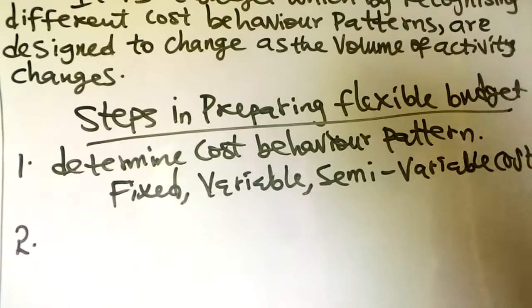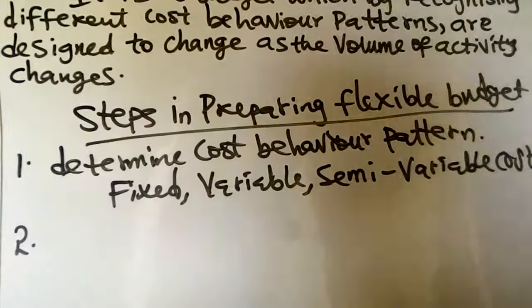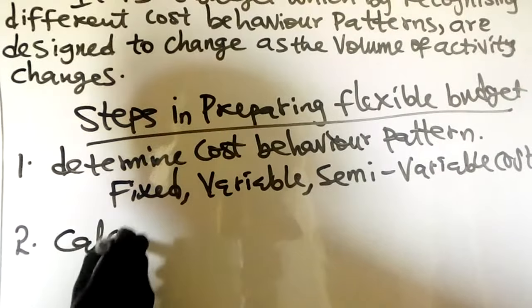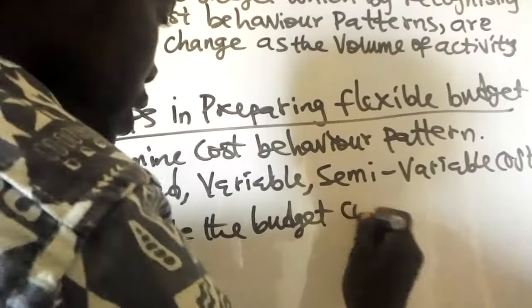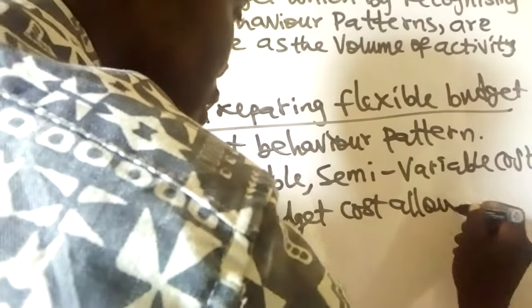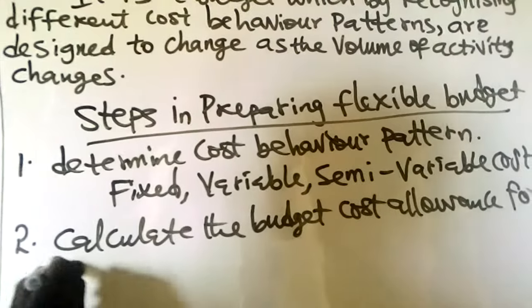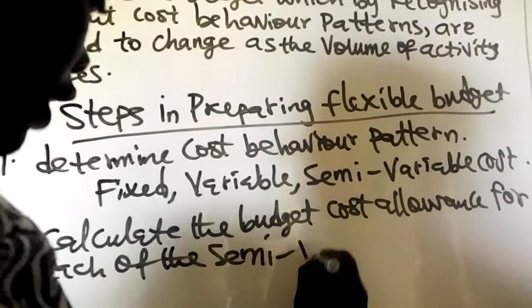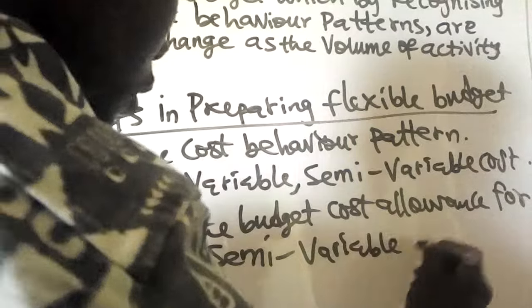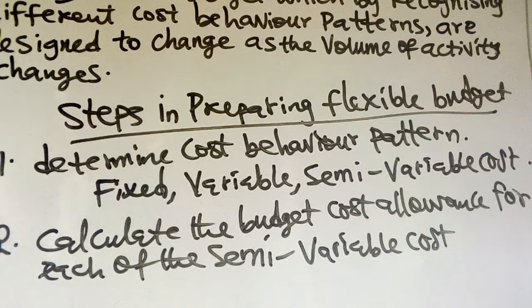Step 2, calculate the budget cost allowance for each of the semi-variable costs.